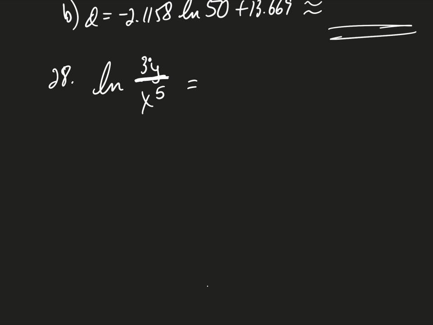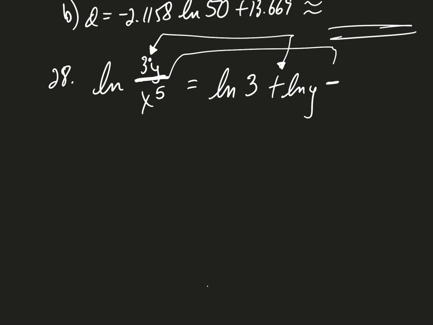So as an example, the first thing I would bump into is multiplication. The rule for multiplication says that's going to be equal to the log of the first plus the log of the second. So the multiplication turns into addition. Second, the division turns into subtraction. So the log of two things divided turns into subtraction. So that would then be minus the ln of the denominator.